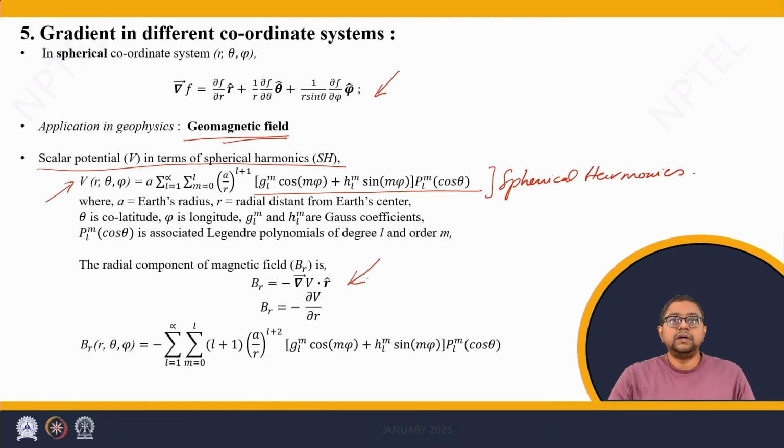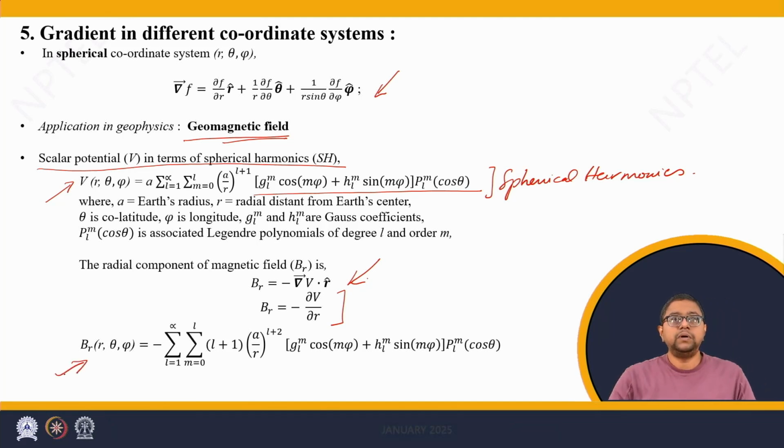For example, Br denotes the radial component of the geomagnetic field, which is obtained by taking the gradient of the scalar potential V. The radial magnetic field is nothing but the negative of the partial derivative of the scalar potential with respect to the radial coordinate.